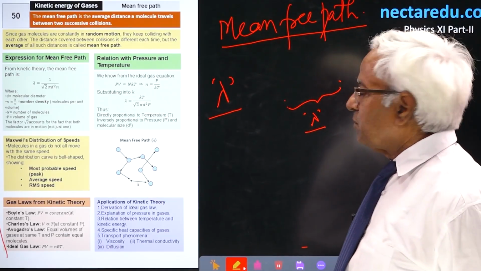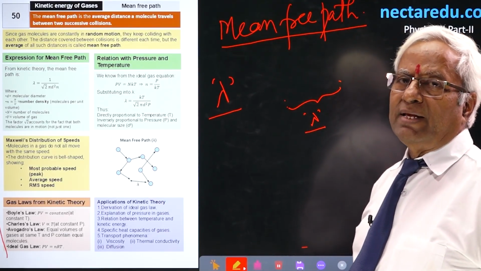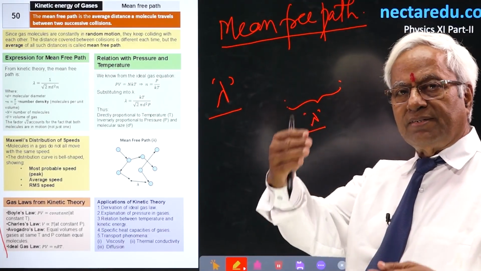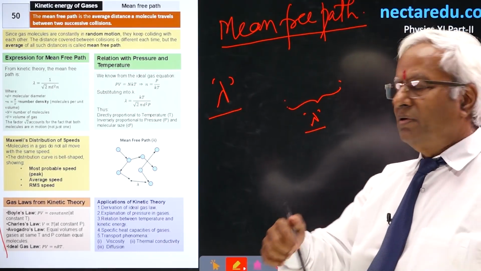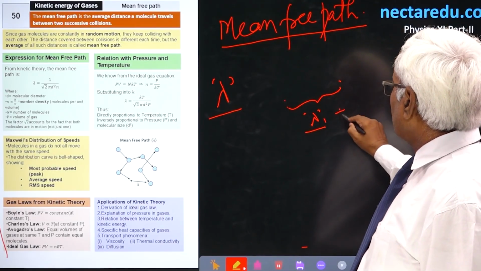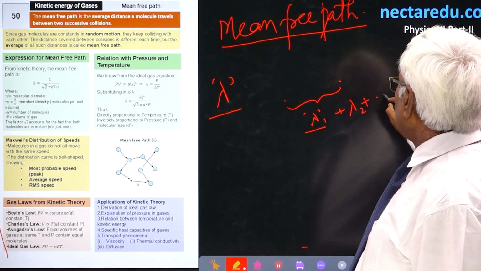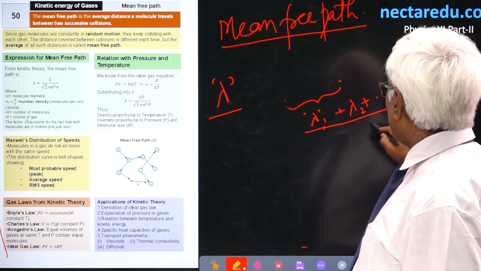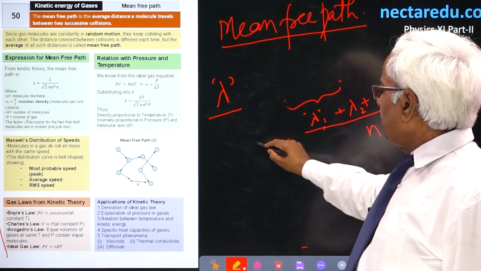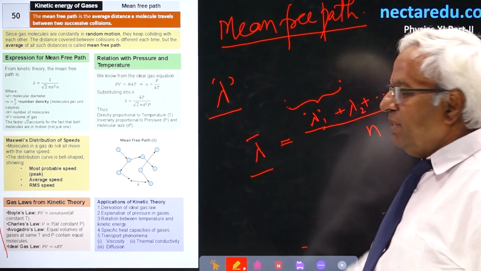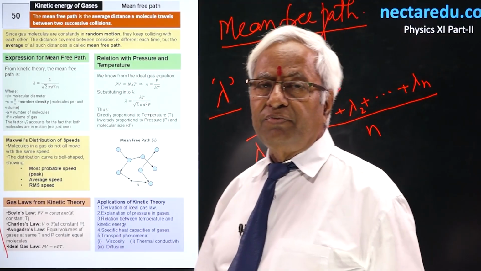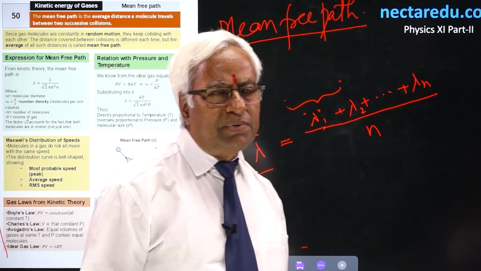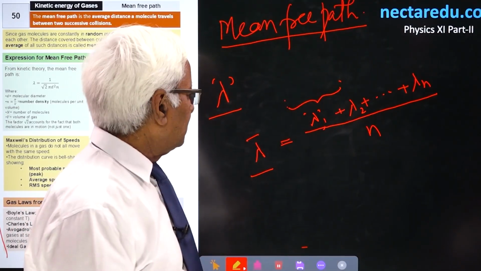But every time the collision is not going to take place after equal distances. The distances between two successive collisions are always variable, so free paths will also be variable. If we take the average of all such free paths, then only we are going to get the term mean free path. So, never confuse free path with mean free path, like average velocity and velocity.